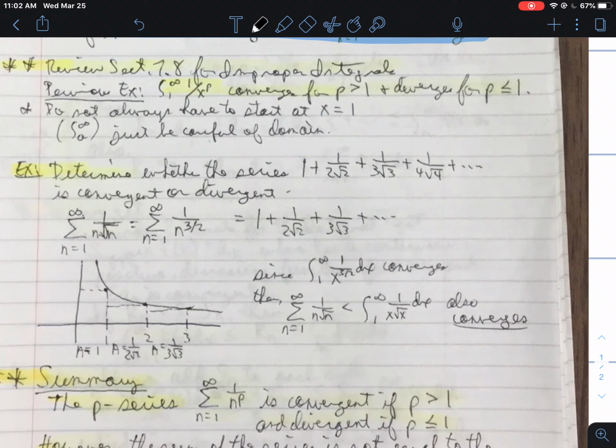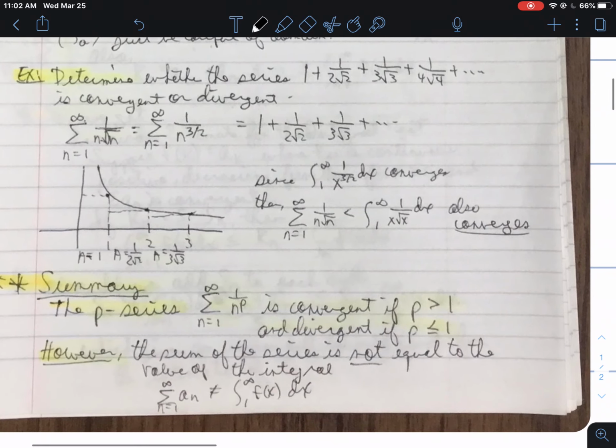And like I said earlier, you don't have to start necessarily at x equals 1. It's all about the fact that it's an integral or a series that is approaching infinity. So the integral from a to infinity. Just be careful of the domain. The first one we did, we couldn't integrate from 0 to infinity because we're undefined at 0. Domain issues are always in play.